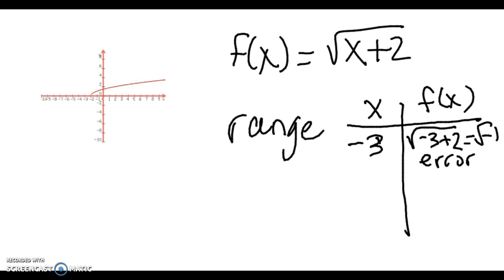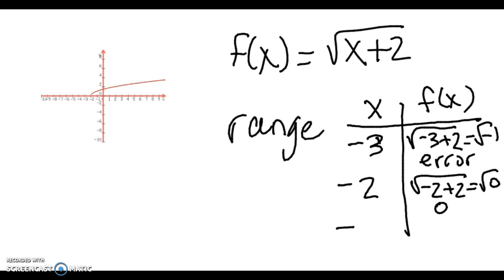So in the table of your calculator, you'll see an error. That error symbol should alert you to, hey, we can't have this, or a type of restriction in the domain and range, all right? If we substitute in negative 2 for x, we would have the square root of negative 2 plus 2, which is the square root of 0, which is 0.